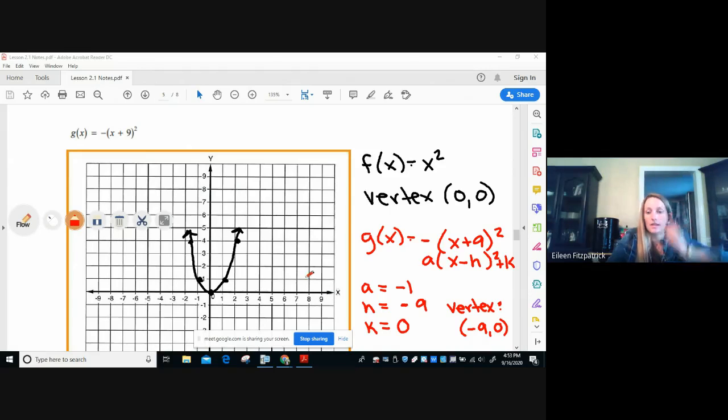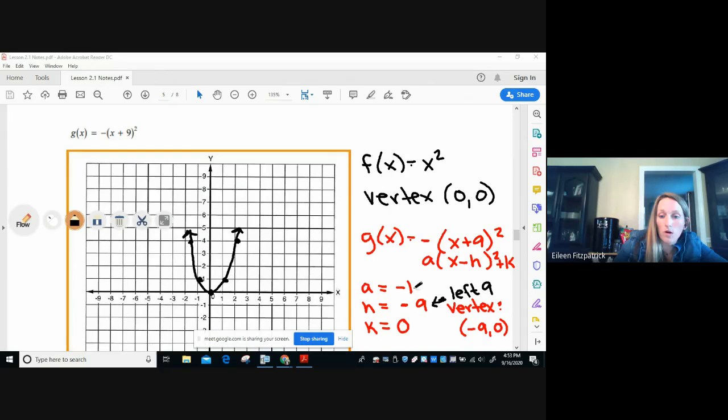Now, your h value tells us that we moved left 9 units. The k value means we didn't move up or down.